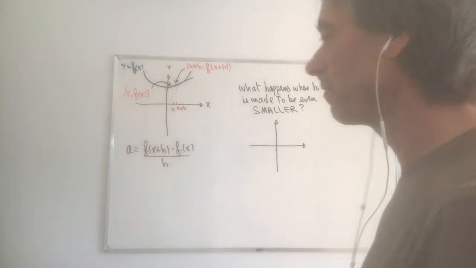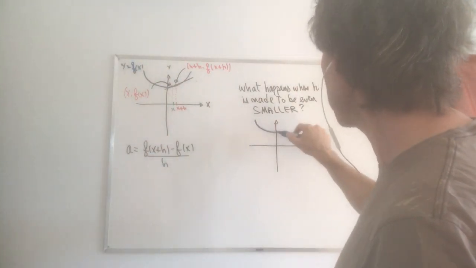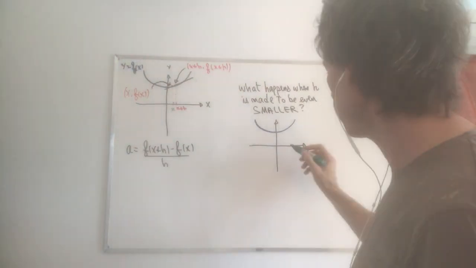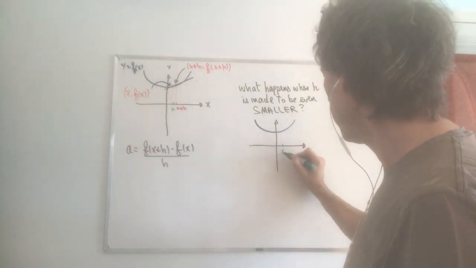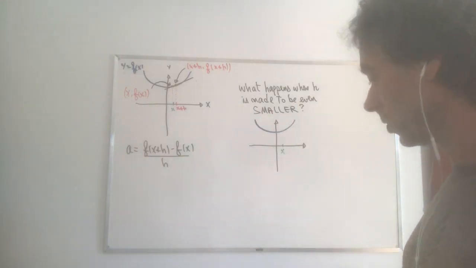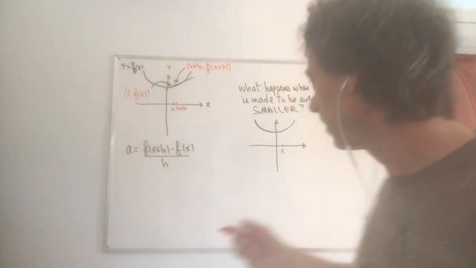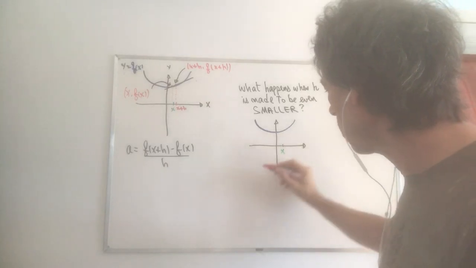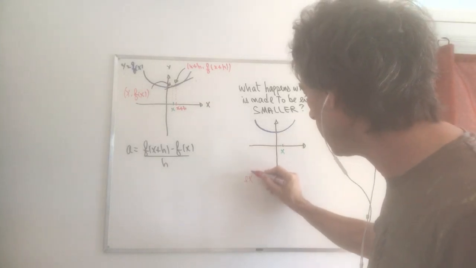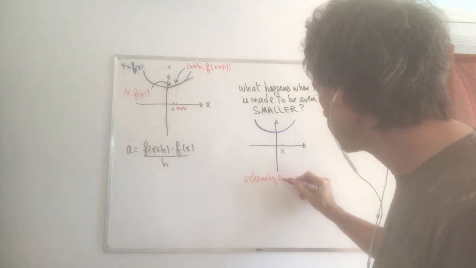Here's the same set of axes. So we have here the same f of x. And now we are going to have an x here. And now the h is so small. So remember, here h is not even 0.5, not even 0.1, not even 0.01. It's extremely, extremely small h.